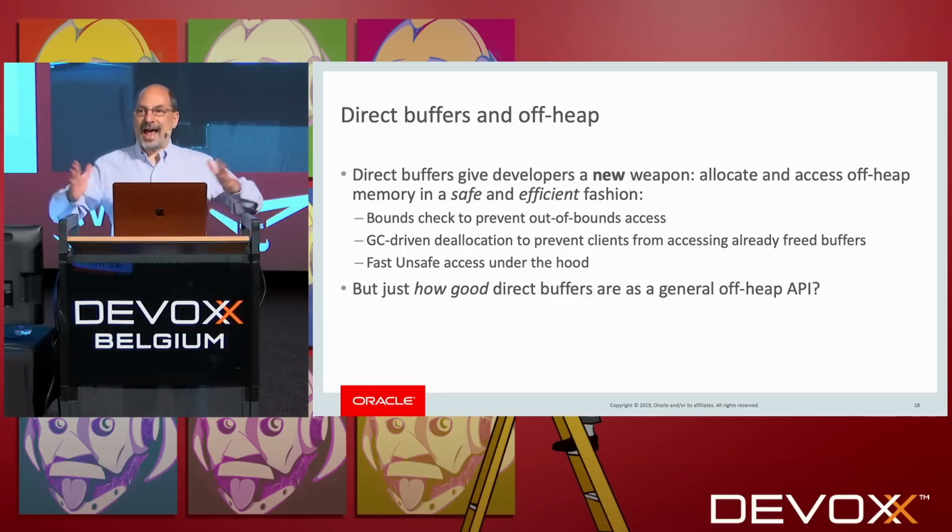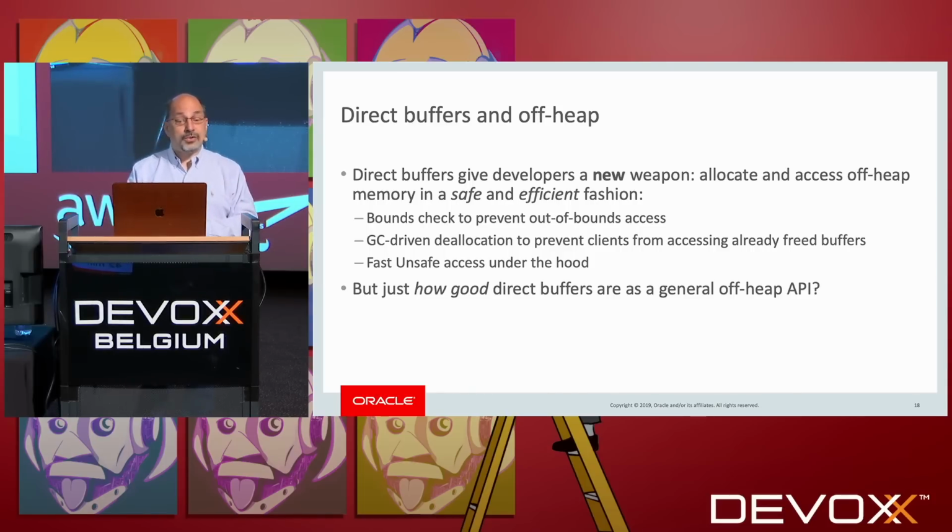So if you try to read outside the bounds of your buffer, you'll get an error. And it integrates nicely with garbage collection in that when the buffer goes out of scope, everything gets deallocated. So that feels like it would be a good match for off-heap access, and a lot of people have used it for that. But it's not a perfect match.